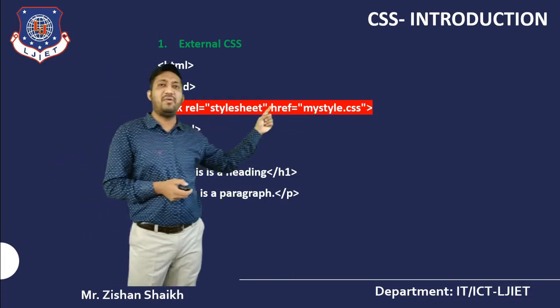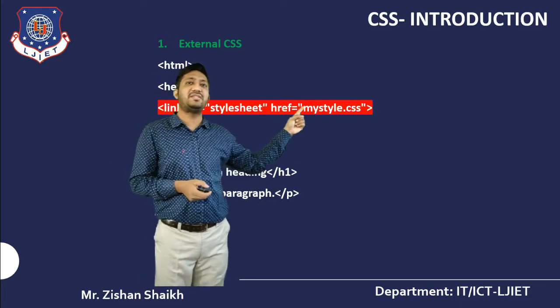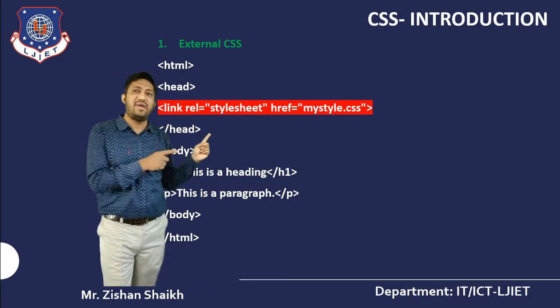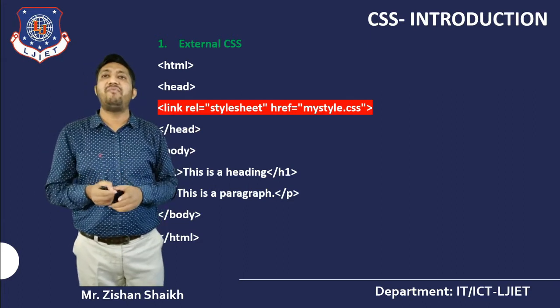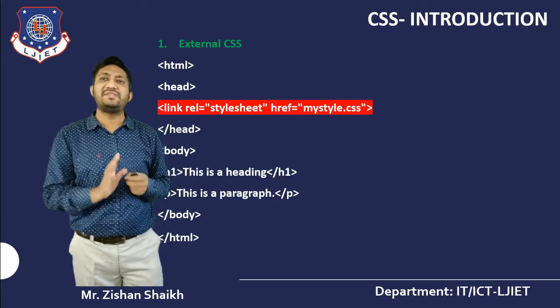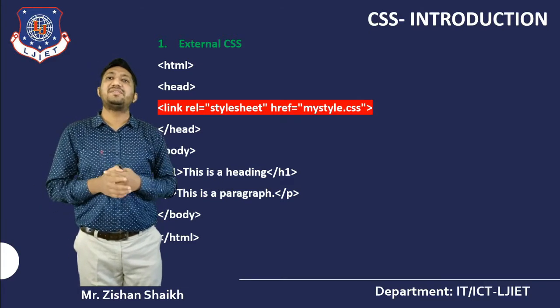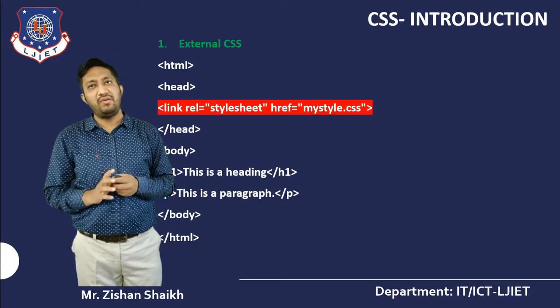In this example our CSS file name is mystyle.css. Using this syntax, my HTML file and CSS file will be linked. So this is a basic example of how we can use external CSS in my HTML file.